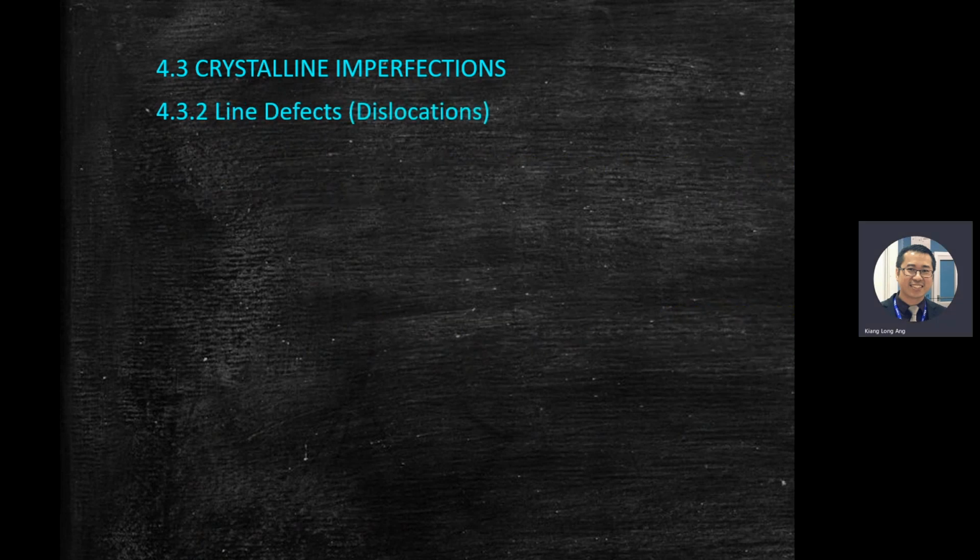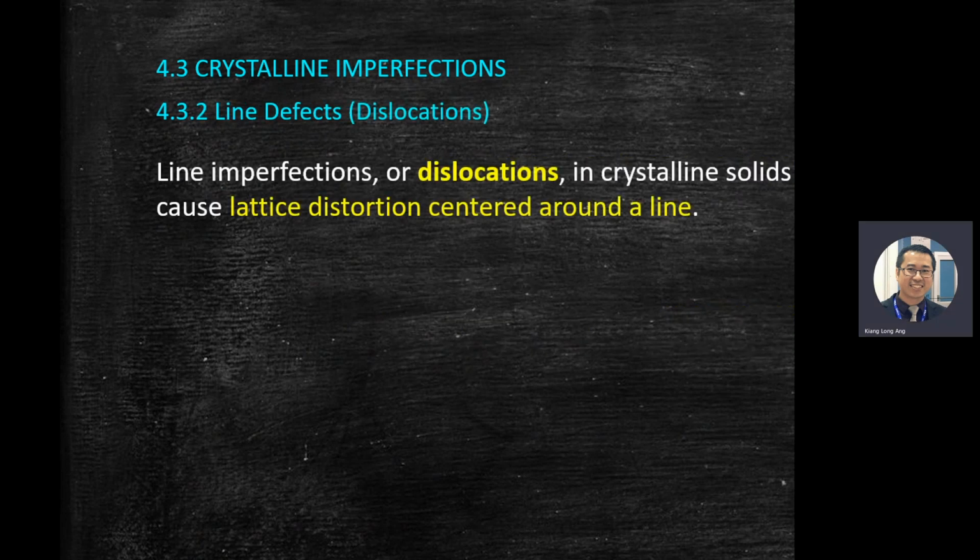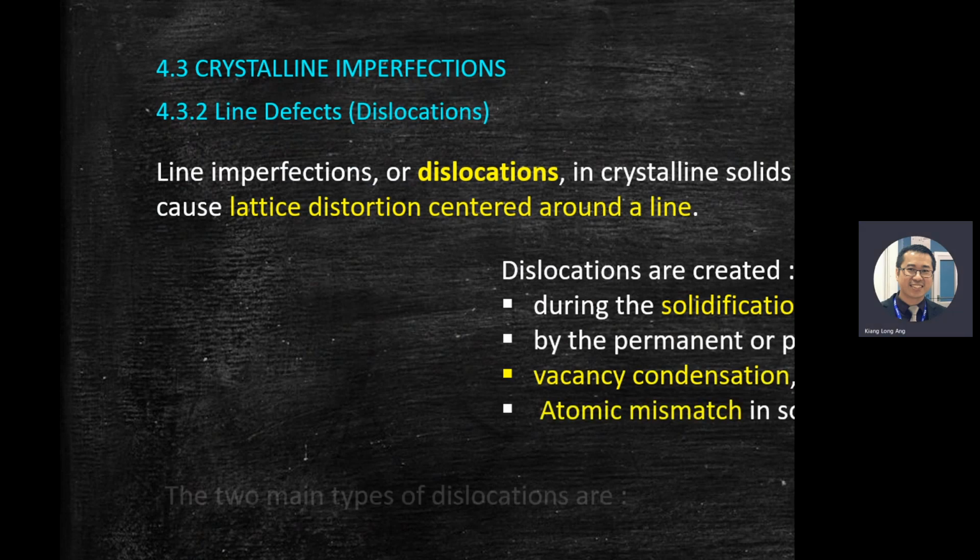Next one, we go into line defect or dislocation. Just now we already did vacancy. Now we go into dislocation, or line defect, line imperfection. So let me give you the diagram.